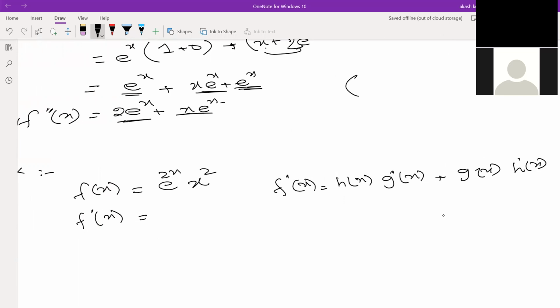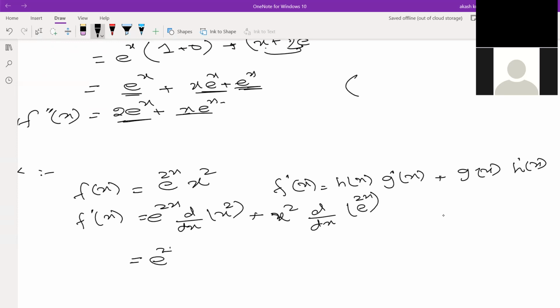Okay, so the first one, we will leave e^(2x) as it is. So we write e^(2x), and then the derivative of x squared plus the derivative of e^(2x), plus x squared. So we will leave this one as it is. x squared will become 1.